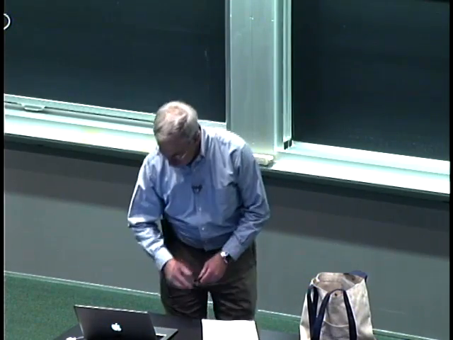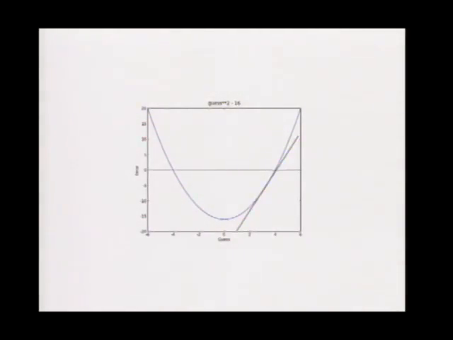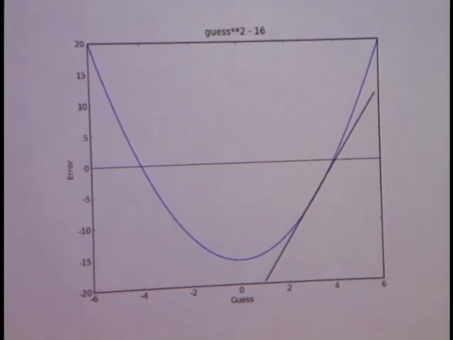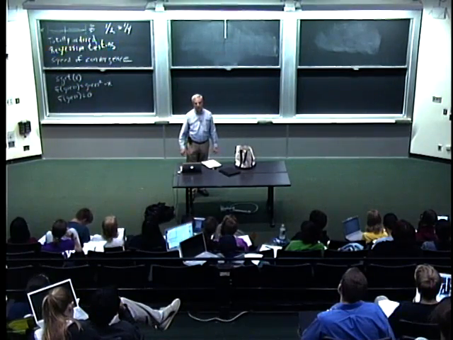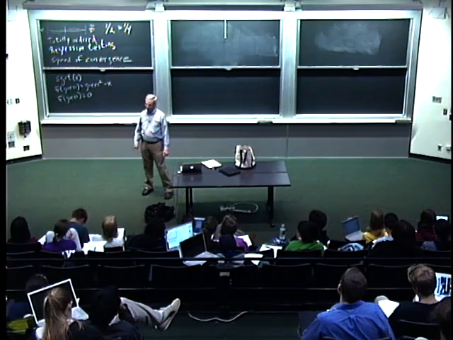And therefore, the x-intercept of the tangent will be closer to the right answer than the current guess. Is that always true, by the way? Show me a place where that's not true, where the tangent line will be really bad.